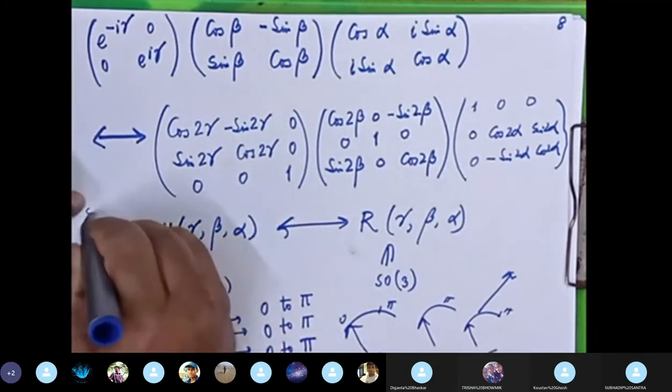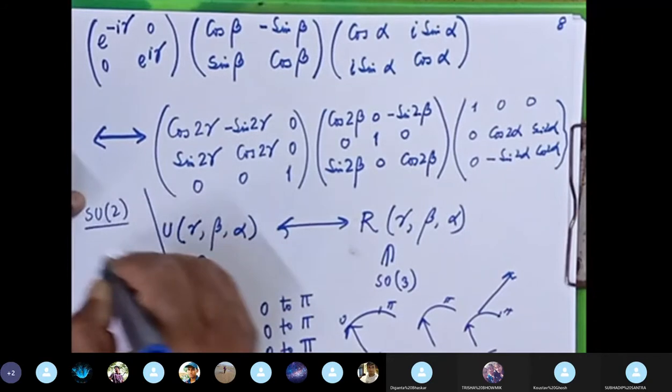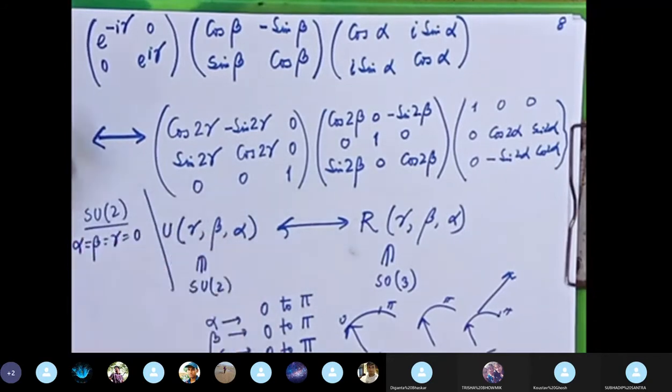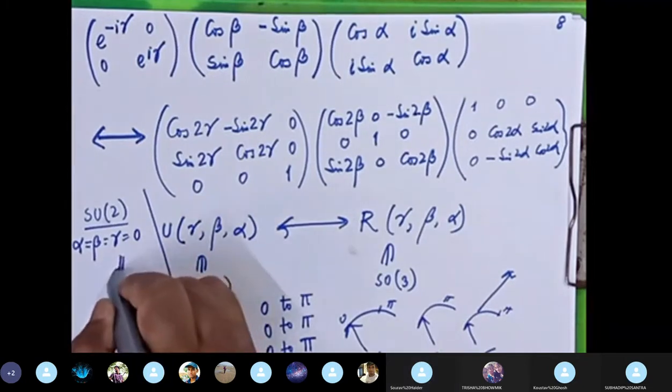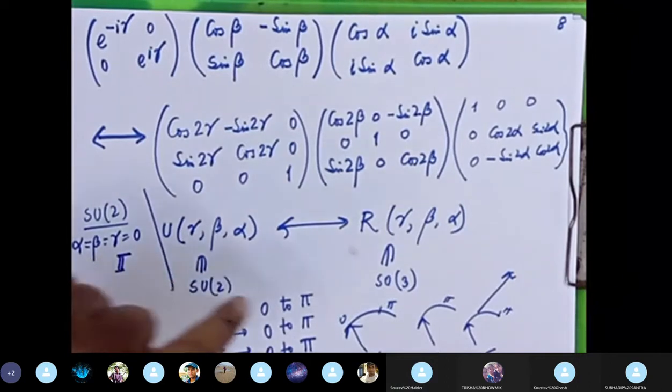What is the SU2 element corresponding to alpha, beta, gamma equal to 0? Can you tell me? What is the SU2 matrix corresponding to this 0? Tell me. Identity. Yeah. Now, what is the element corresponding to pi?